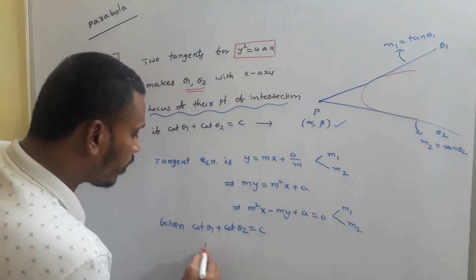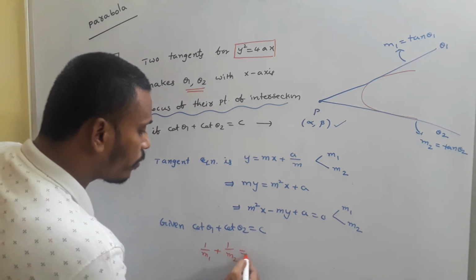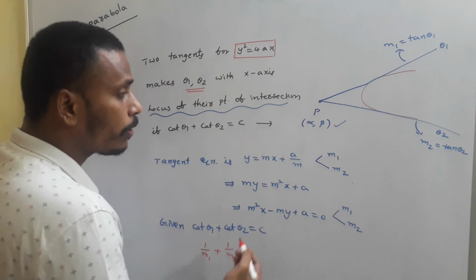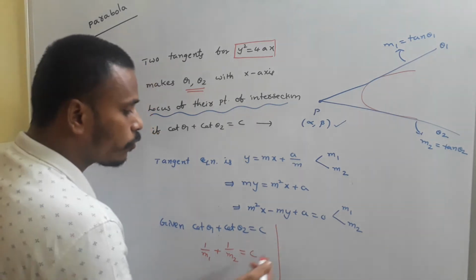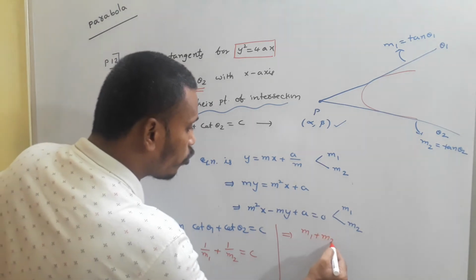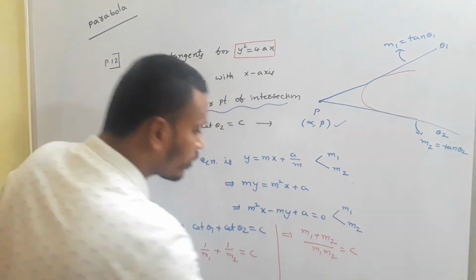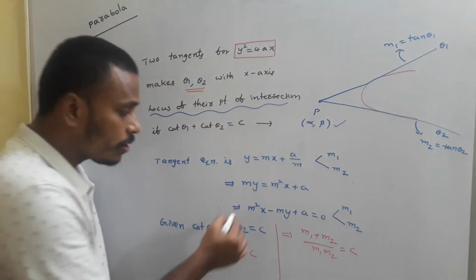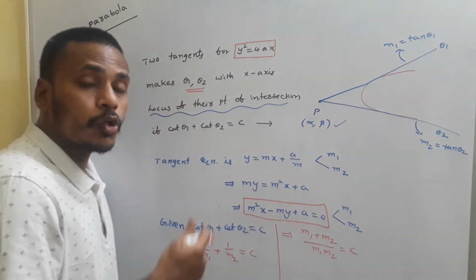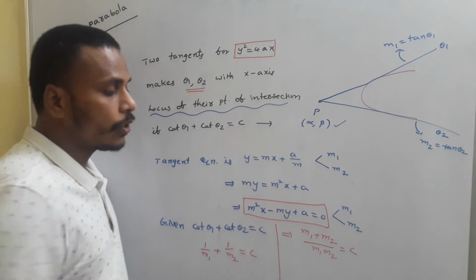So cot theta 1 is 1 by m1, cot theta 2 is 1 by m2, and the sum is equal to c. 1 by m1 plus 1 by m2 is equal to c. If you simplify this, m1 plus m2 by m1 m2 is equal to c. Is it right? Now, since this quadratic equation has m1 and m2 as roots, use the sum of the roots as well as the product of the roots to get the locus.